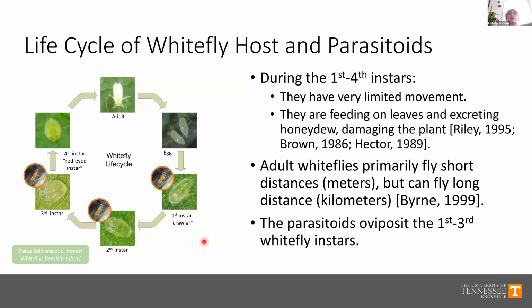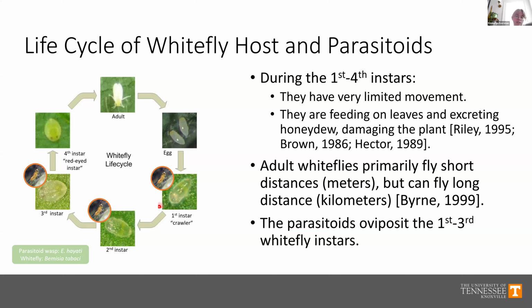Then we have the parasitoid, which comes in and lays its eggs right underneath the nymph stage in these first 3 stages. Those eggs hatch and burrow into the instar and then develop with the instar. So they primarily focus on these first 3 stages, occasionally the 4th.